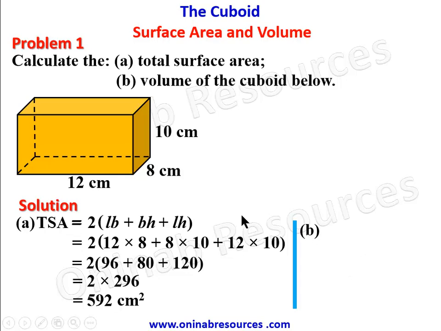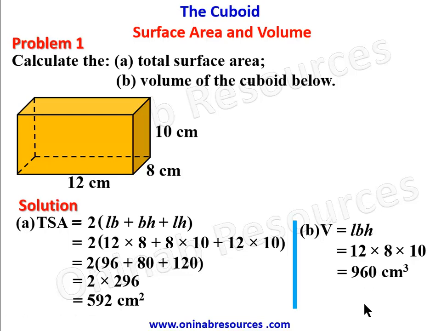The volume of the cuboid is said to be length times breadth times height, and that gives 12 times 8 times 10. 12 times 8 is 96, times 10 is 960 cubic centimeters, which gives the volume of the cuboid represented in problem 1, which brings the solution of the problem to an end.